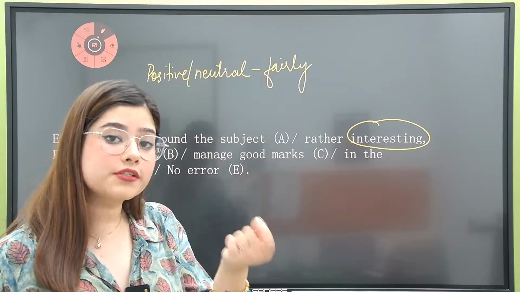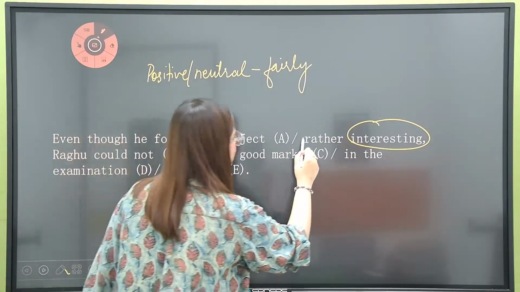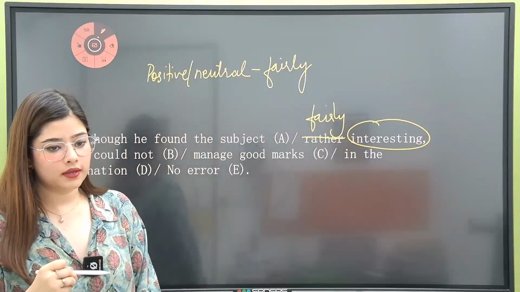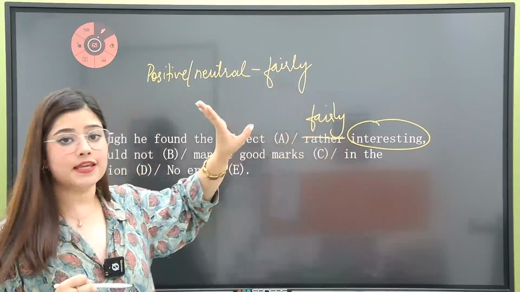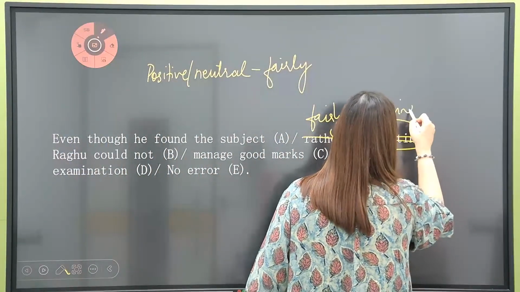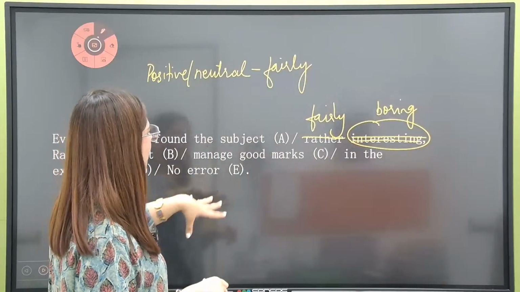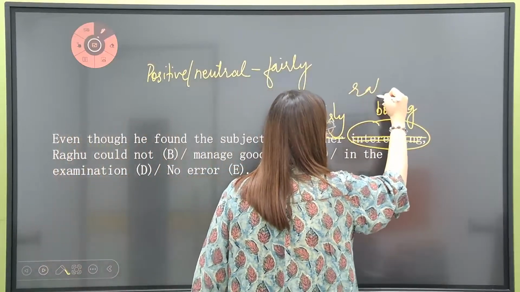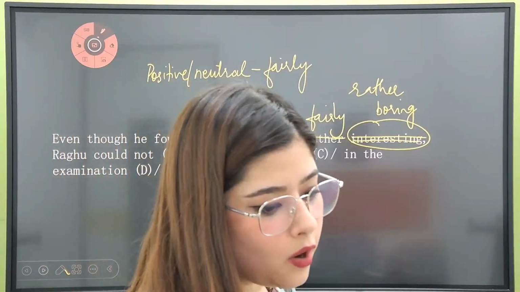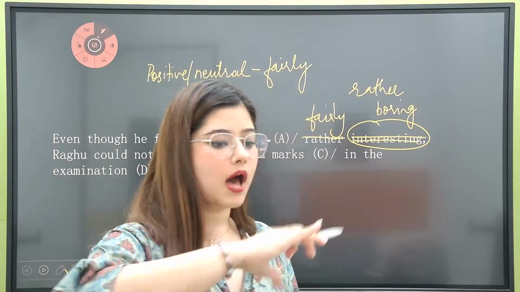It's a positive comment. So, even though he found the subject fairly interesting. If I replace interesting with, let's say, boring, now I could say, even though he found the subject rather boring.